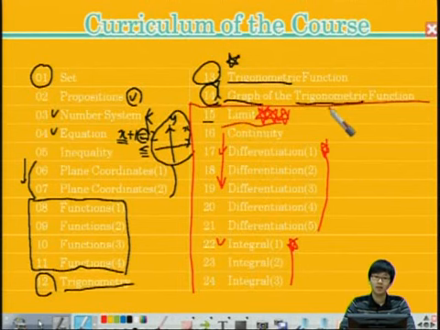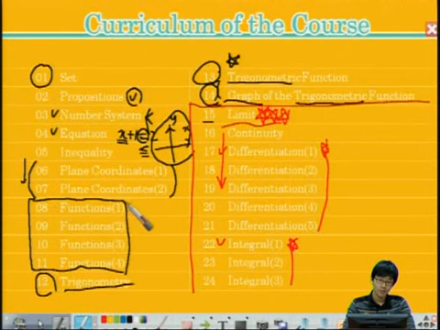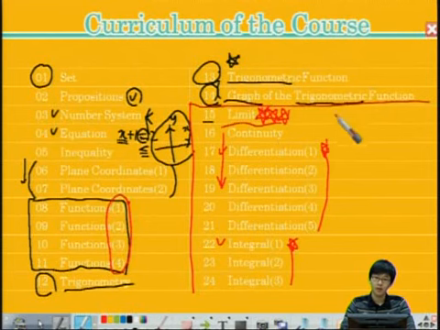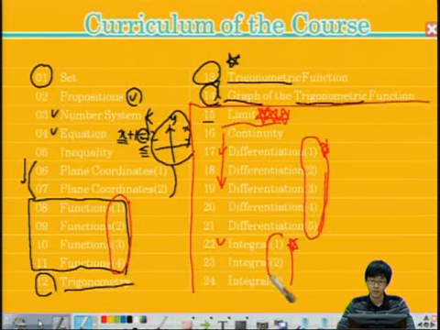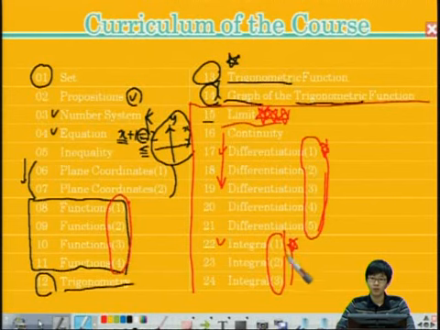Okay? Then if you look at this broadly, this function has 4 chapters, and this differentiation has 5 chapters, and this integral has 3 chapters. These 3 form almost all of my lecture, and these 3 are very important concepts.